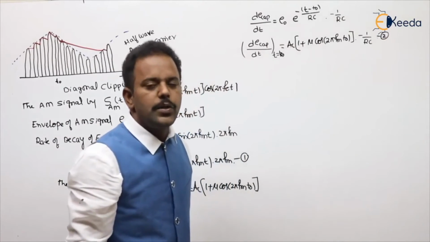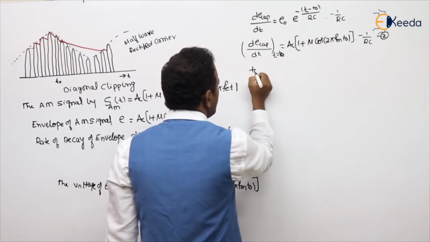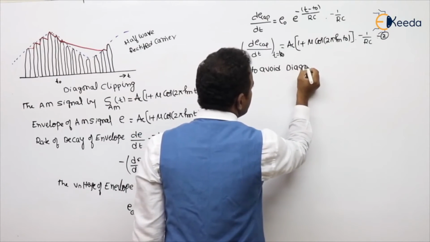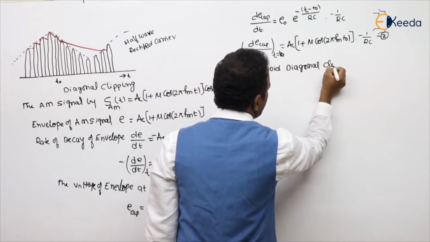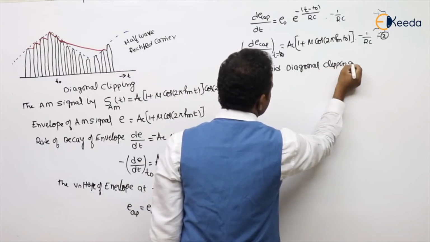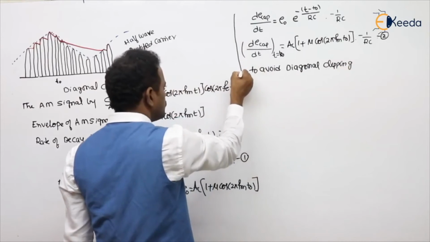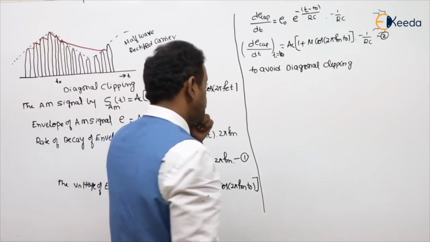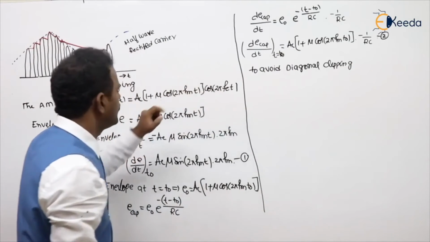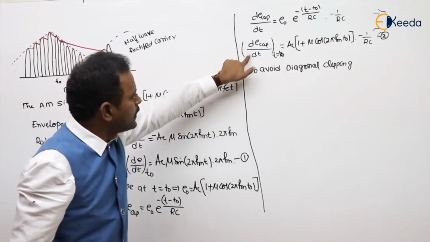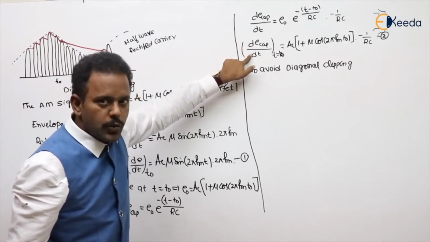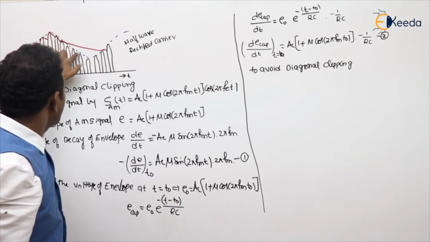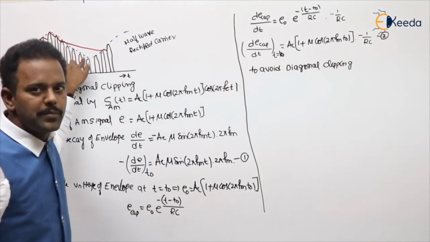What is the condition to avoid diagonal clipping? To avoid diagonal clipping, what I am saying is, the rate of discharging of the capacitor should be greater than or equal to the rate of decay of the envelope of the AM signal.